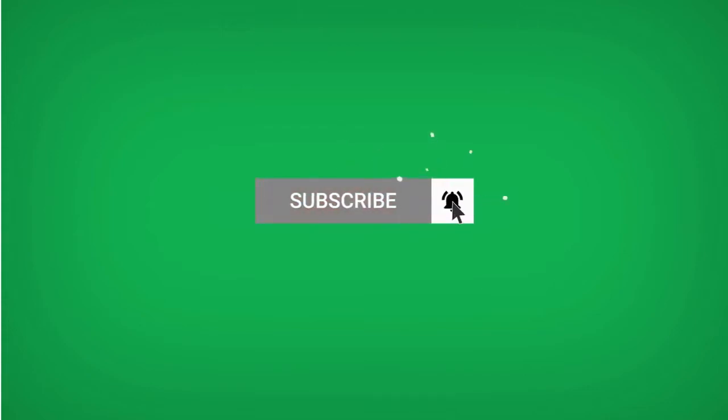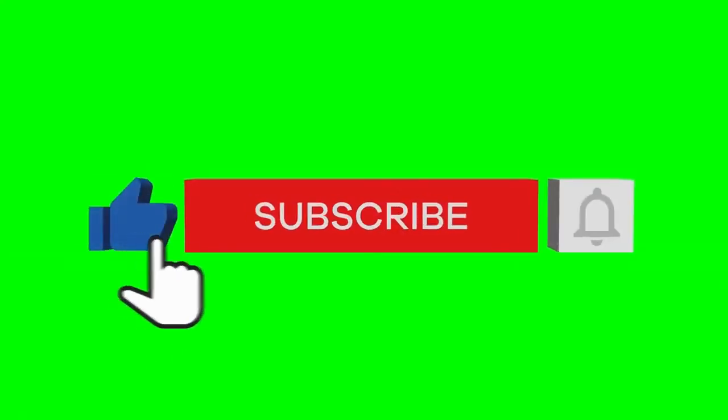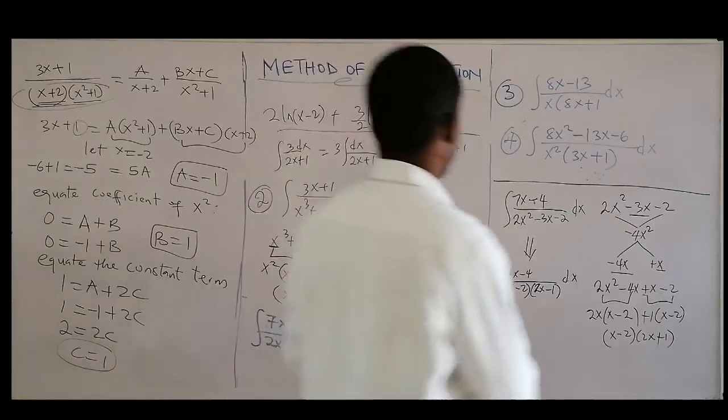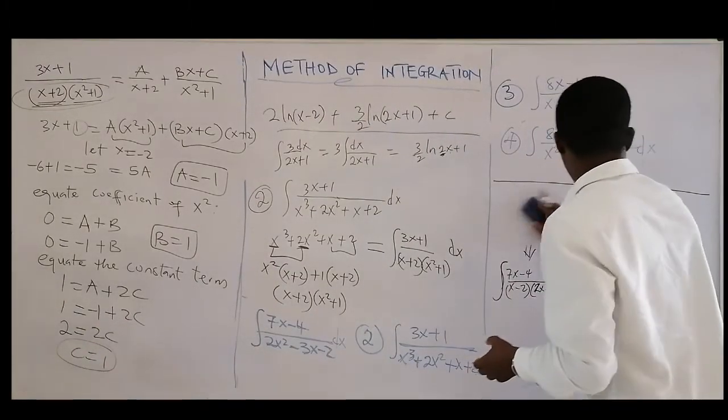So you have A as minus 1 plus 2C equal to 1. Move this to the other side, so we have 2 equal to 2C. So C is also 1.